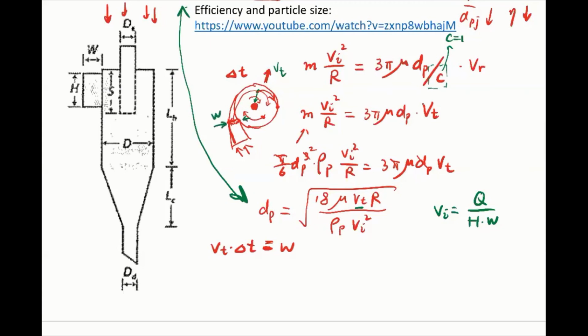Right, this is W, because if the particles can get collected, then it has to enter from here and then spin all the way to the outside, right? So this is a radial movement of the particle, which is W, right?